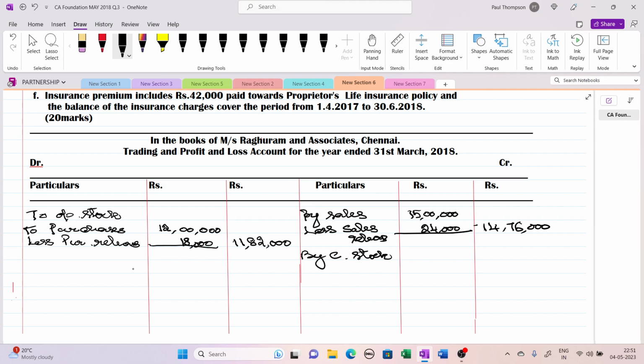Okay, so now the next item is freight inwards. Freight inwards is a direct expense, it will appear in your trading account. Freight inwards 62,000.